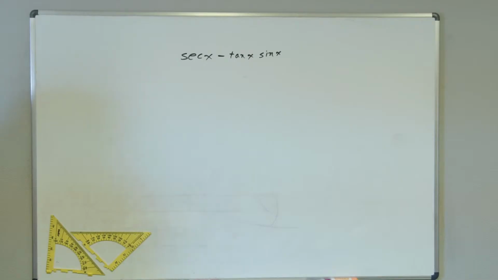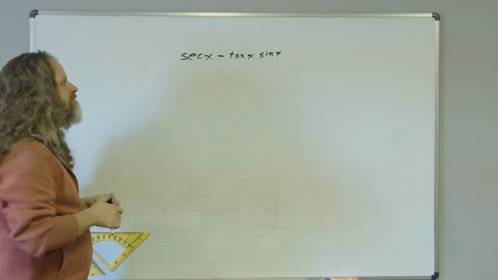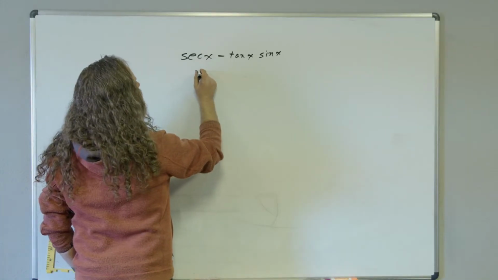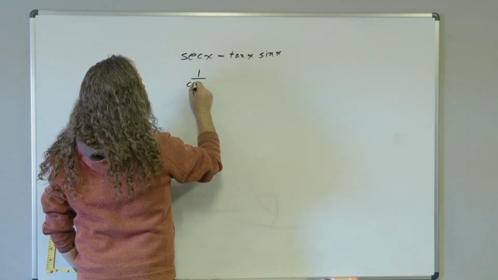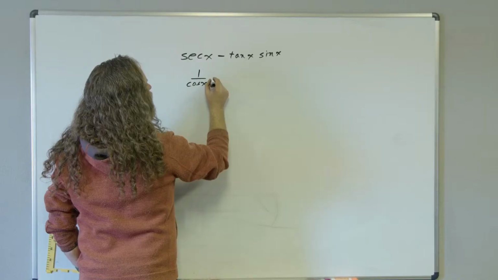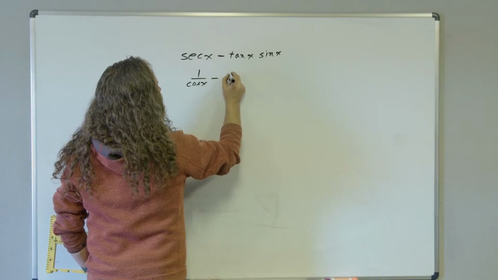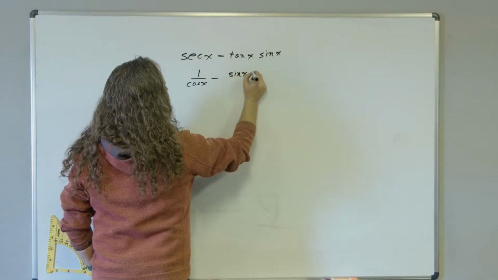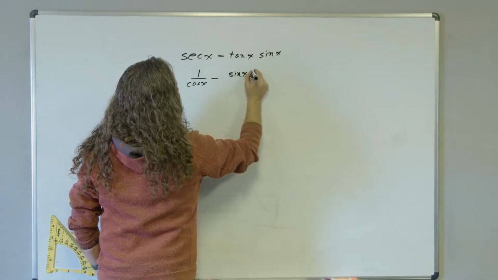Let's start there on this one. It might not be where we end, might not be the best way. Secant is 1 over the cosine of x. That's true, it is. Minus sine of x times tangent, which is sine of x over cosine of x.